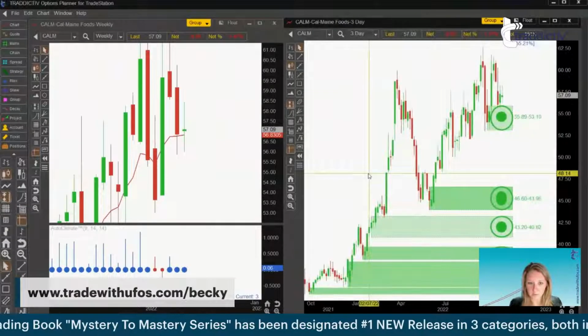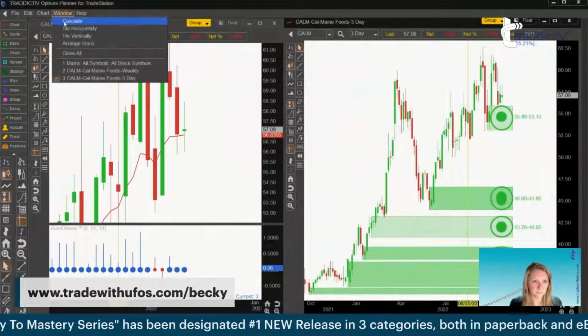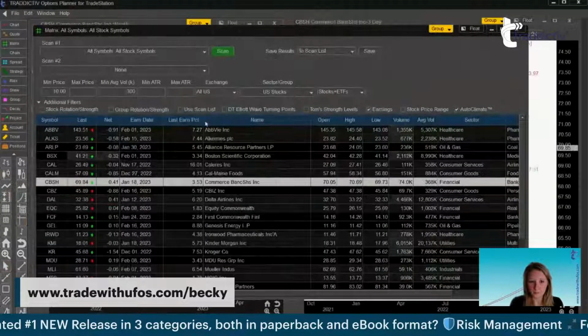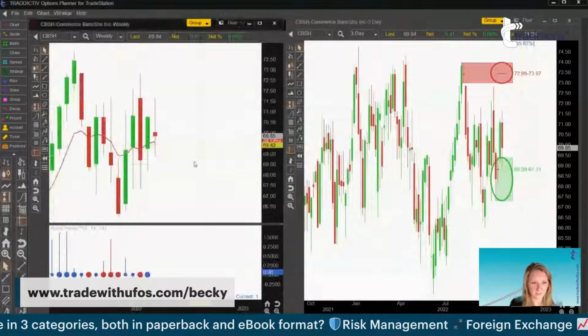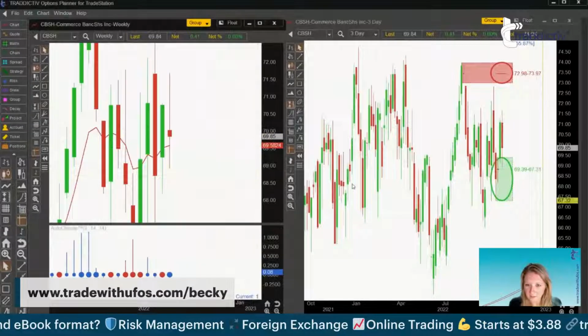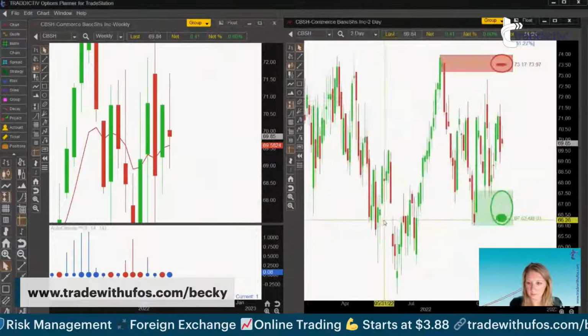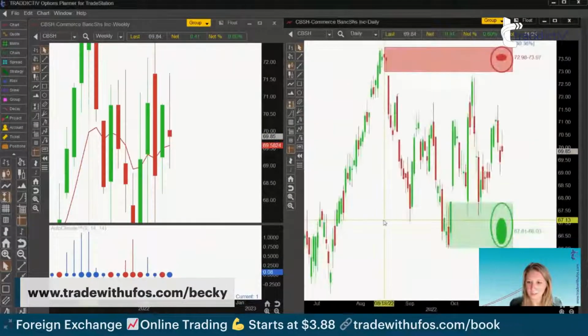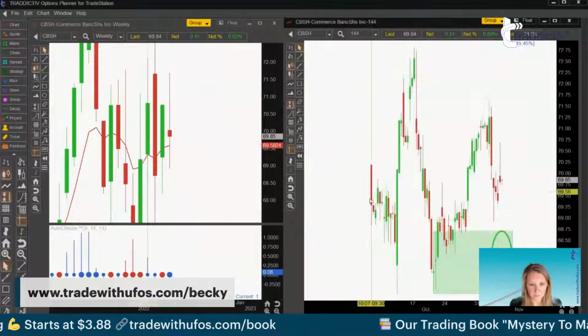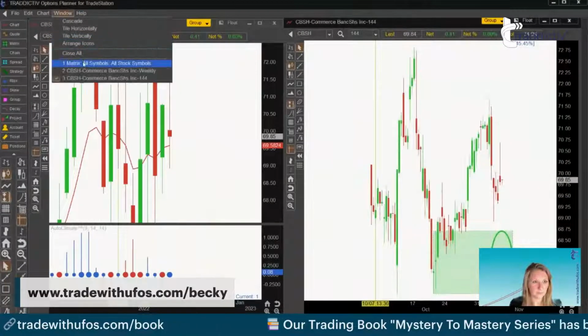Close, but nothing there. Sometimes when we do this, every single stock on the list has got an opportunity. Some cases, like today, might be none of them, but we will see. Okay, nothing on that one either.